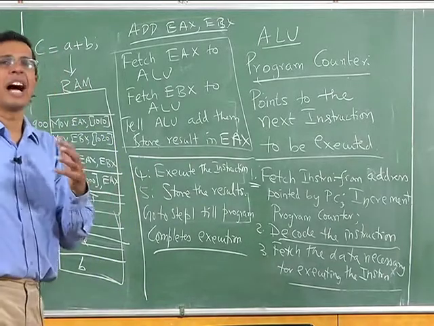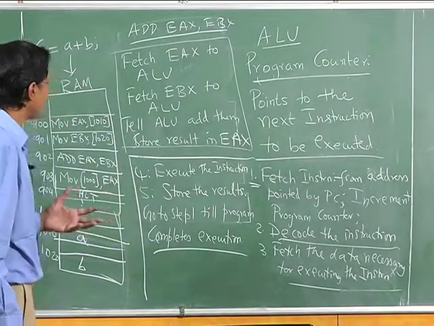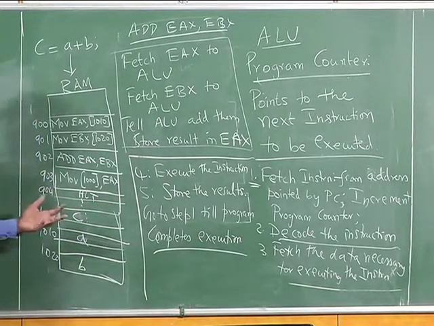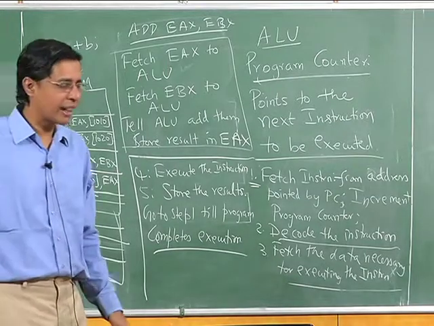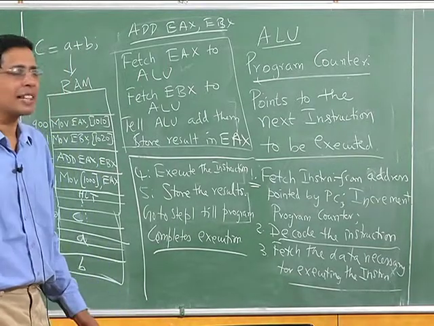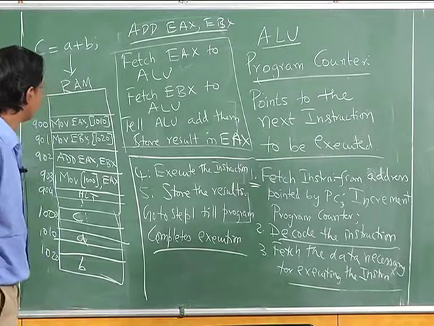So what would be the hardware necessary for it to execute, how is that hardware organized, is what we will cover in the next 1.5 classes, the remaining part of this class and the subsequent lecture, okay.